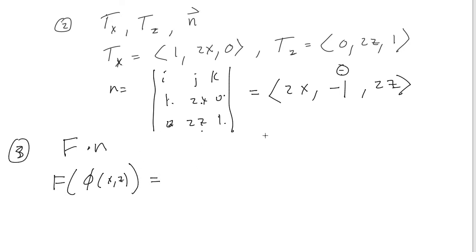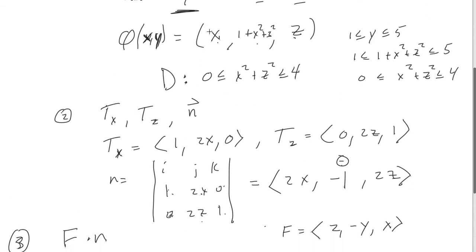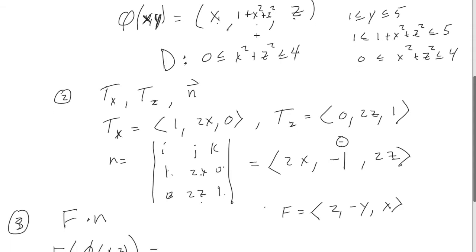All right, so recall, let's write down what is our f. So f of this is negative y, x. All right, so actually plugging in our phi then, into our function, which is x, 1 plus x squared, z.